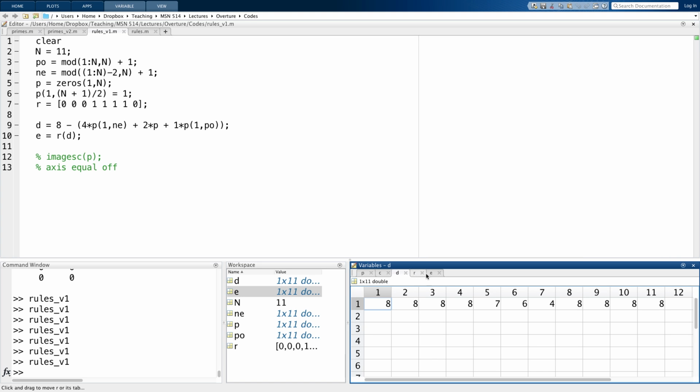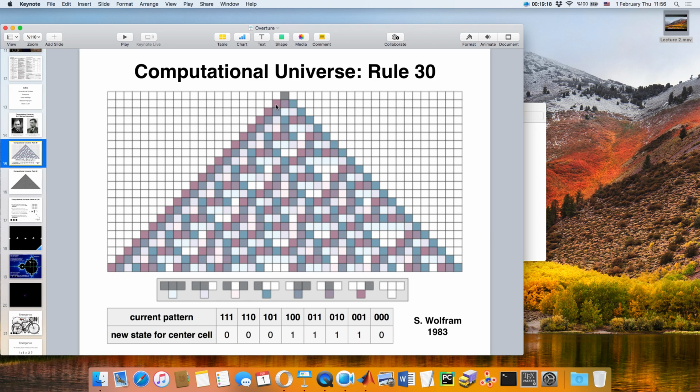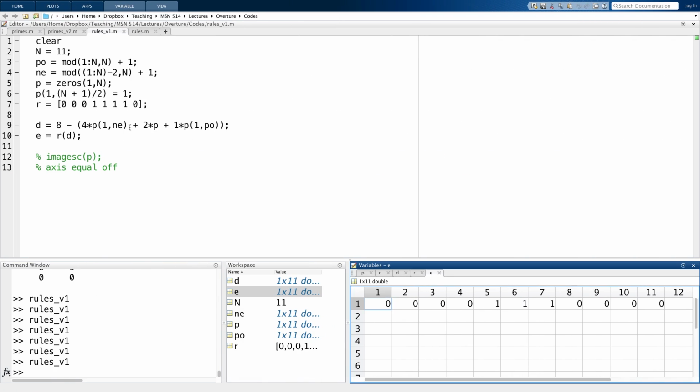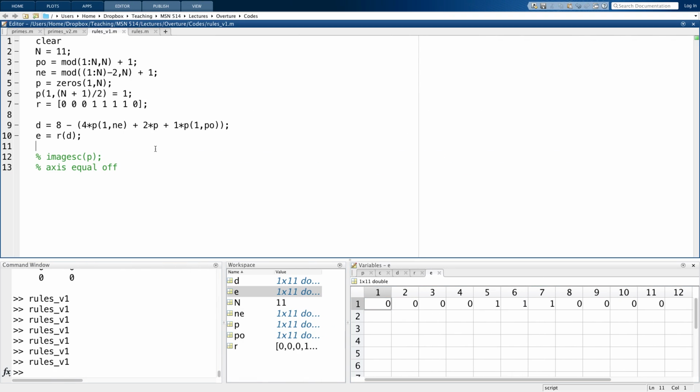Awesome. You can also realize that it's already the next line that we have in rule 30. Do you see these 3 ones? It's already working. So let's finish it up.